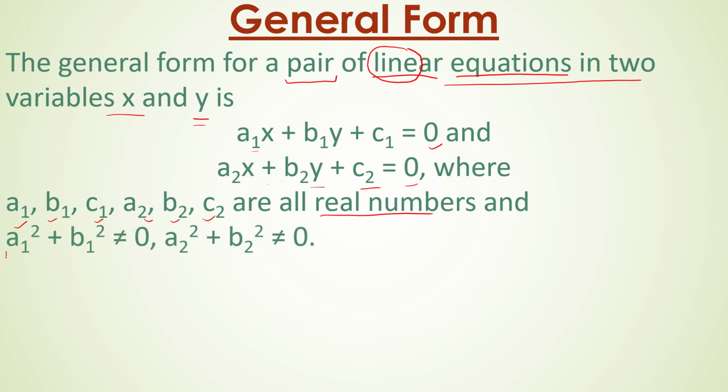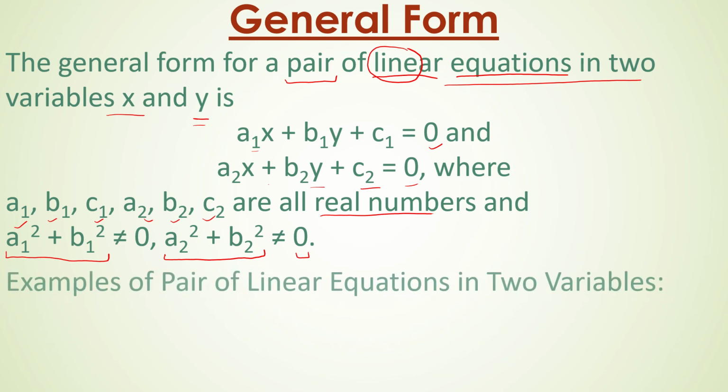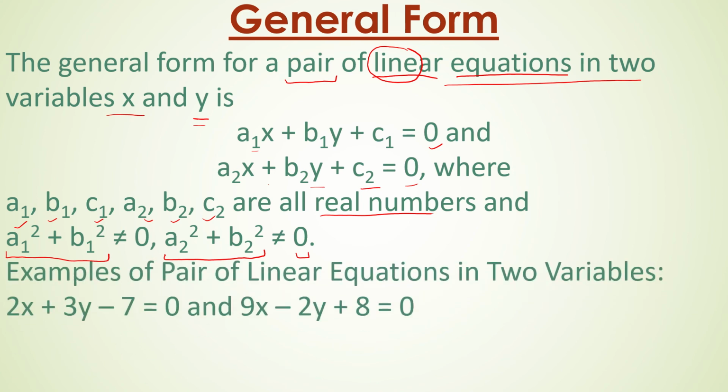And provided that a1 square plus b1 square cannot be equal to 0 and a2 square plus b2 square cannot be 0. Let us see some examples of pair of linear equations in two variables.